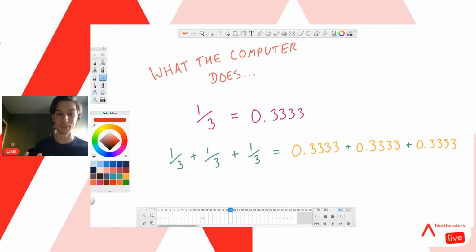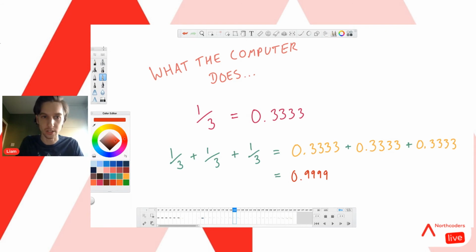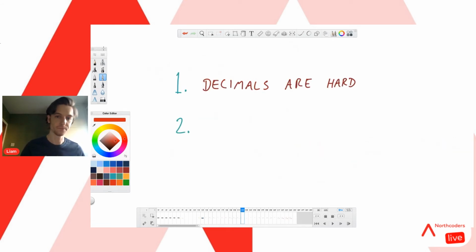As I said earlier, decimals are hard, but if I do try and add those 3 numbers together, and feel free to verify this in your own phone calculators, what I get is 0.9999, which is most definitely not 1. Which is a problem, right? Because we know for a fact that if you take 1/3 plus 1/3 plus 1/3, the answer is 1. But here, we have not got that. We've ended up with something which is just slightly wrong. So when I say decimals are hard, this is what I mean.